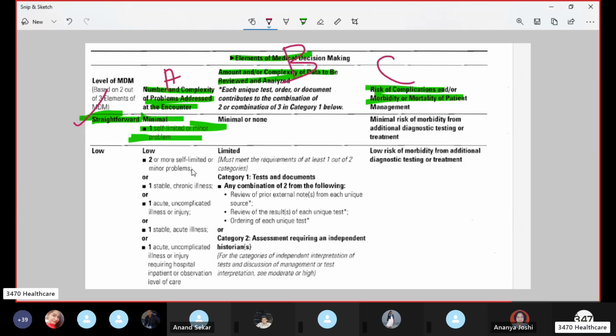Chronic means lifelong, a long time that the person has it, like hypertension, DM, COPD, asthma. Now if the status is mild, controlled, stable, then you have to go for the point on stable chronic illness.